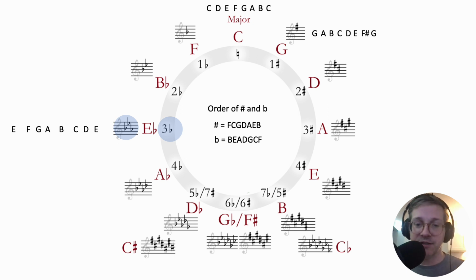Pretend you don't have that staff next to you. You look over here to your order of flats, or you think of it in your head and you know what they are. The first one is B, so you add a flat next to it. The second one is E, add a flat next to it. Make sure you catch both ends of it. But that's still just one note that's got a flat next to it. It's a repeat of that one note. And then A, boom. Play that on any instrument, and you have the E flat major scale.